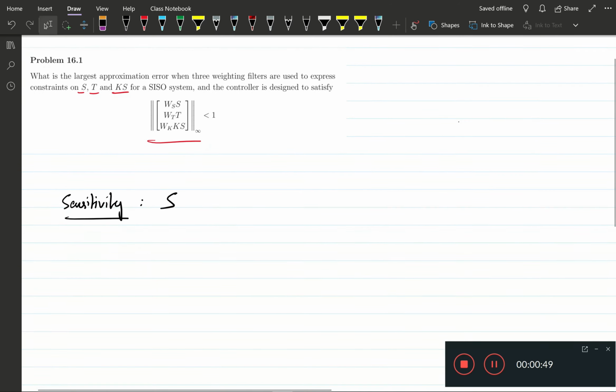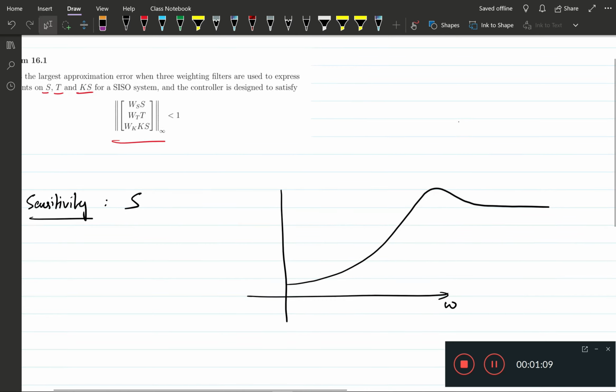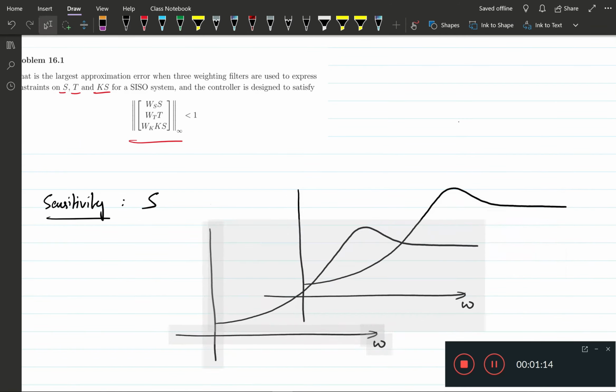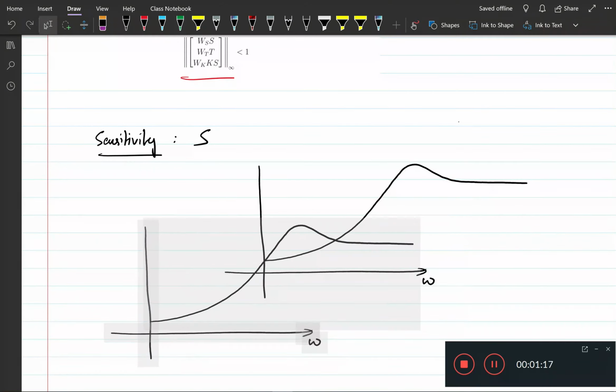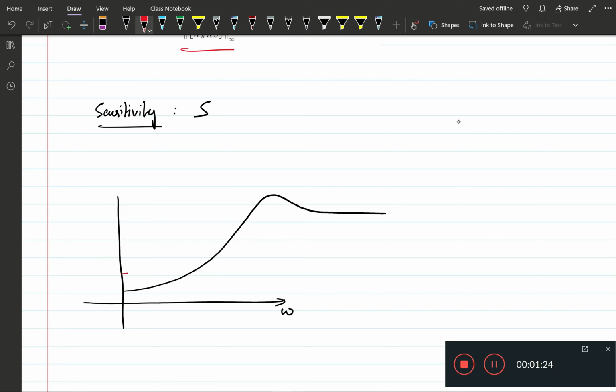A typical shape of the sensitivity is something like this. You bring it down, and what we want is to impose a filter.